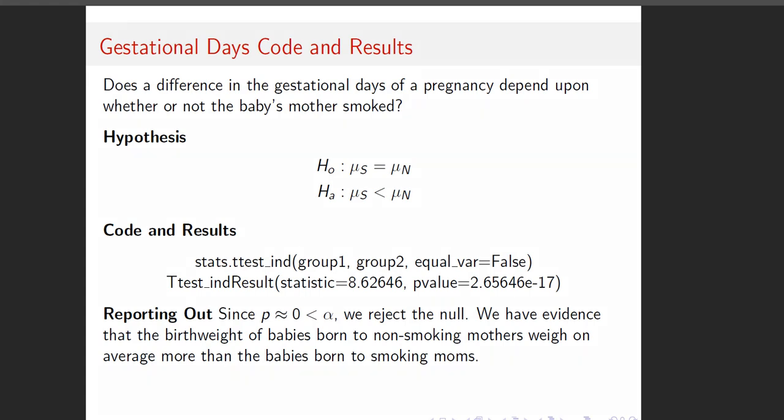The first thing to notice is that group 1 and group 2 both have to be in array data. So we have to do some work up here to get from the table the two groups of values into array form. We definitely need two arrays, one for group 1, one for group 2, in this case smoking moms and non-smoking moms.